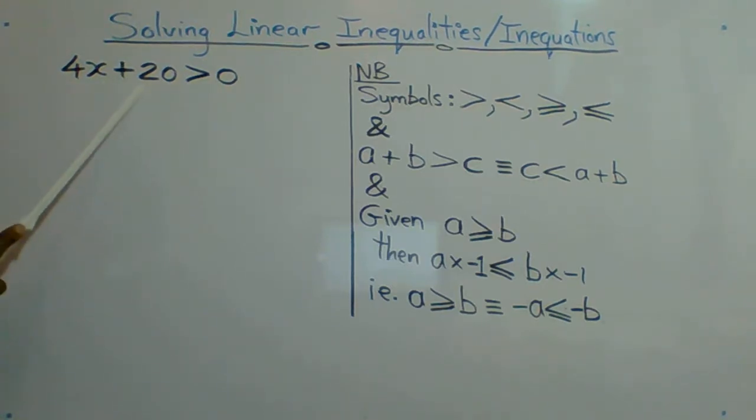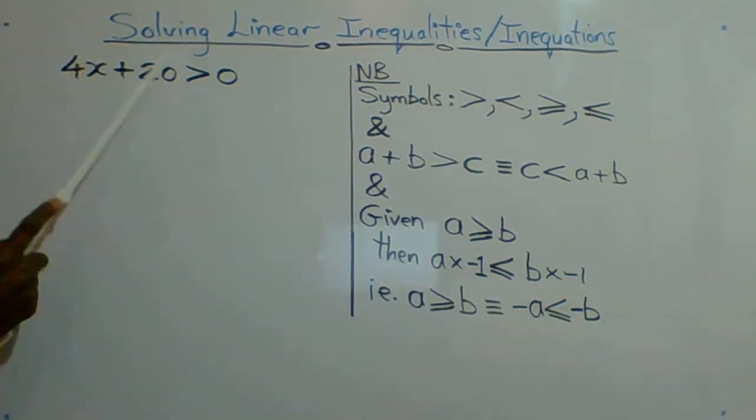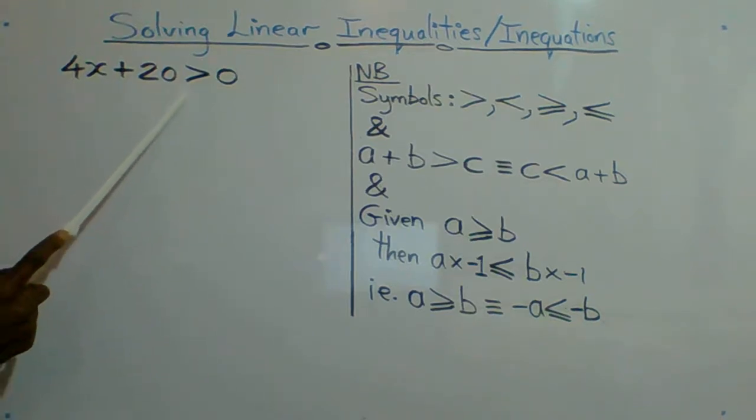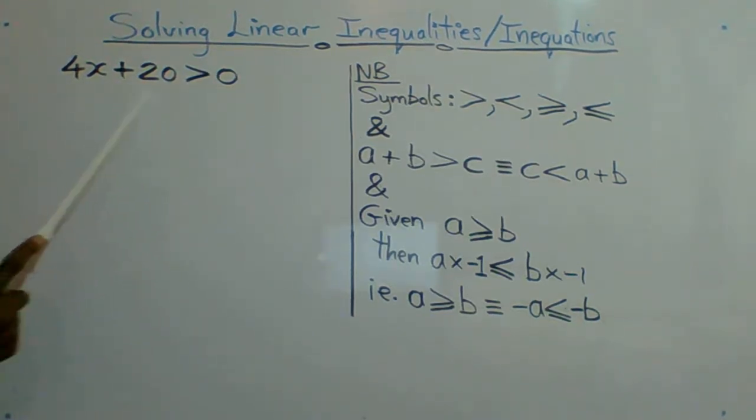And beside it, we have a plus 20. So firstly, we need to get rid of the plus 20 by doing the opposite of plus 20 on both sides, which is negative 20. So we do negative 20 on both sides to keep the statement balanced.